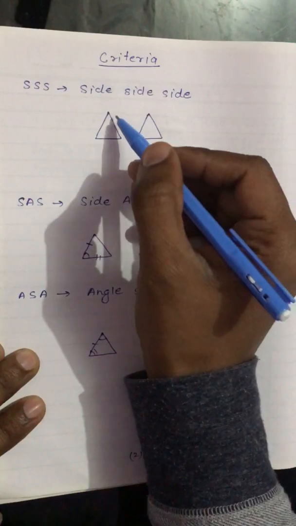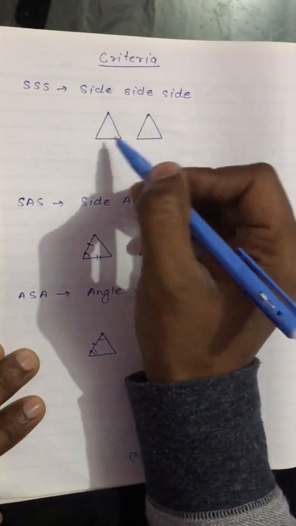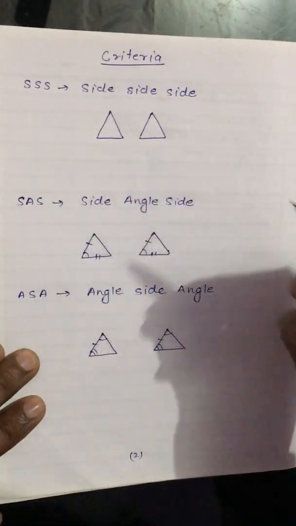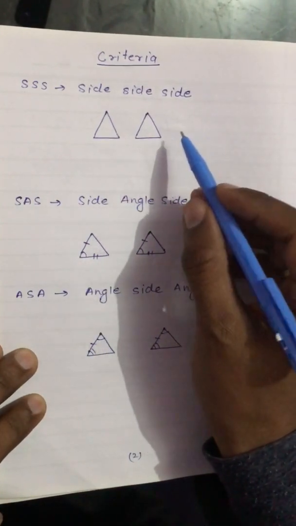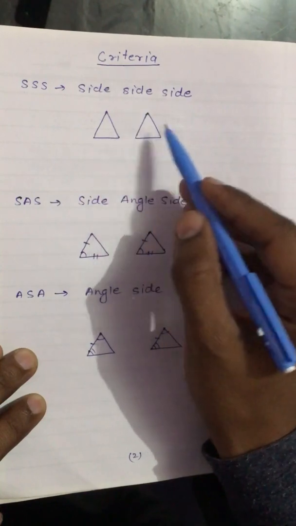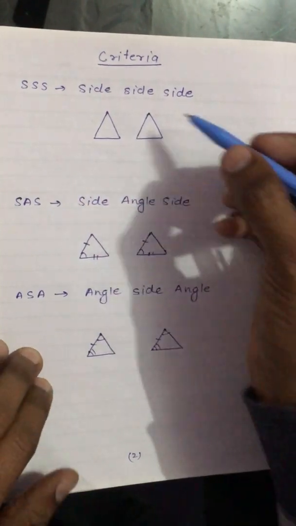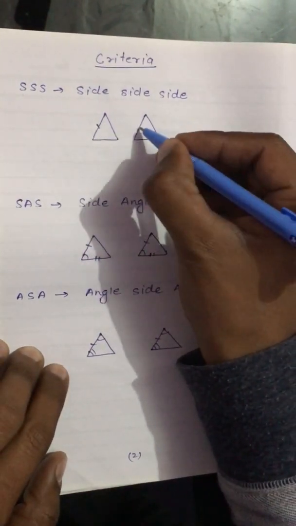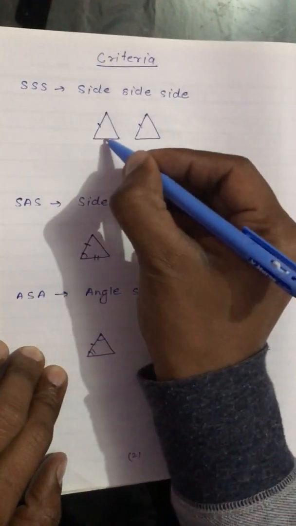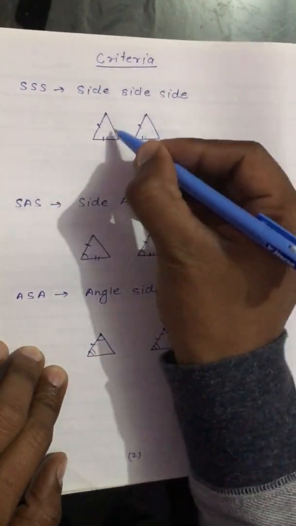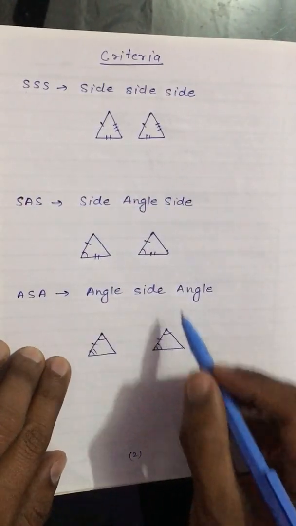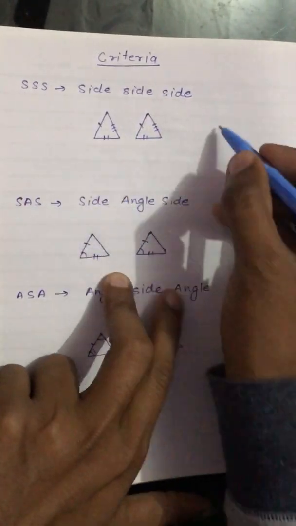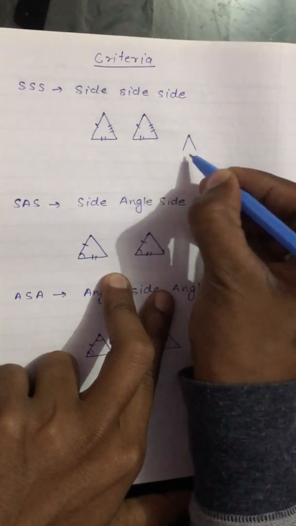It means if there are two triangles and their corresponding sides are equal, it means two triangles are congruent. It means if this is equal to this, and this is equal to this, then they are congruent triangles. It doesn't matter which length. Suppose I have drawn here another triangle.